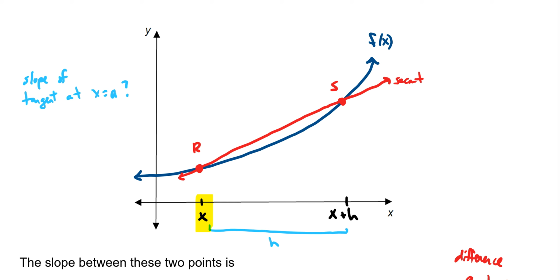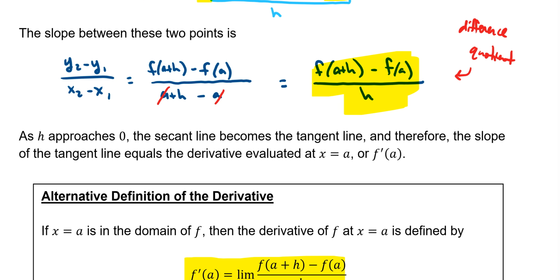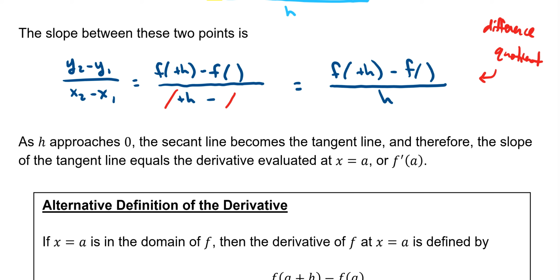So we're just changing it from a specific value of a to any value using the variable x. And if we take a look at this difference quotient, all of these a's are going to become an x. So y2 minus y1 over x2 minus x1 is going to be x plus h minus x in the denominator.